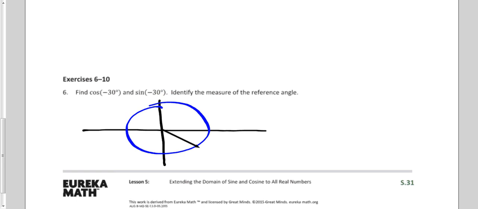It goes either up or down to the closest x-axis. So, my reference angle is right here. Now, I went 30 degrees in the negative direction, so what is my reference angle? It's 30 degrees. My reference angle is always going to be positive.